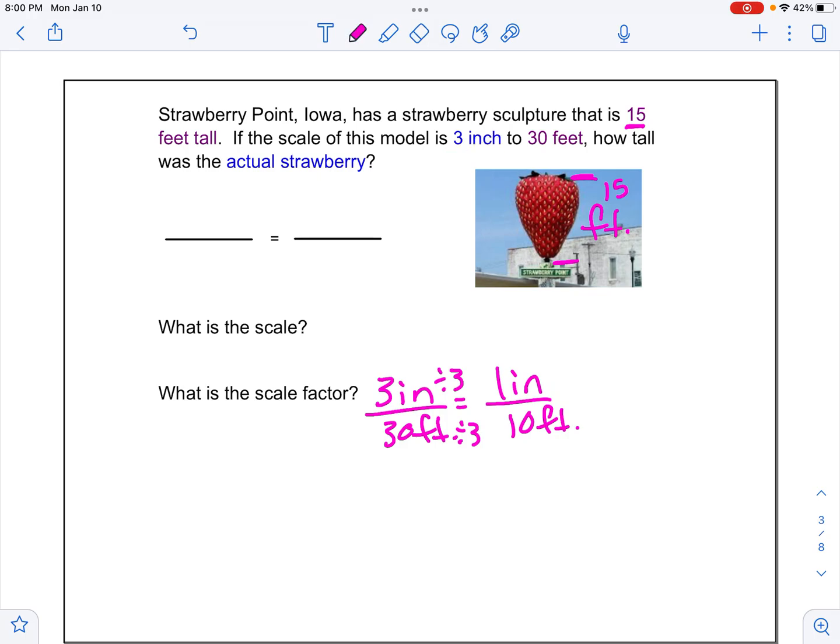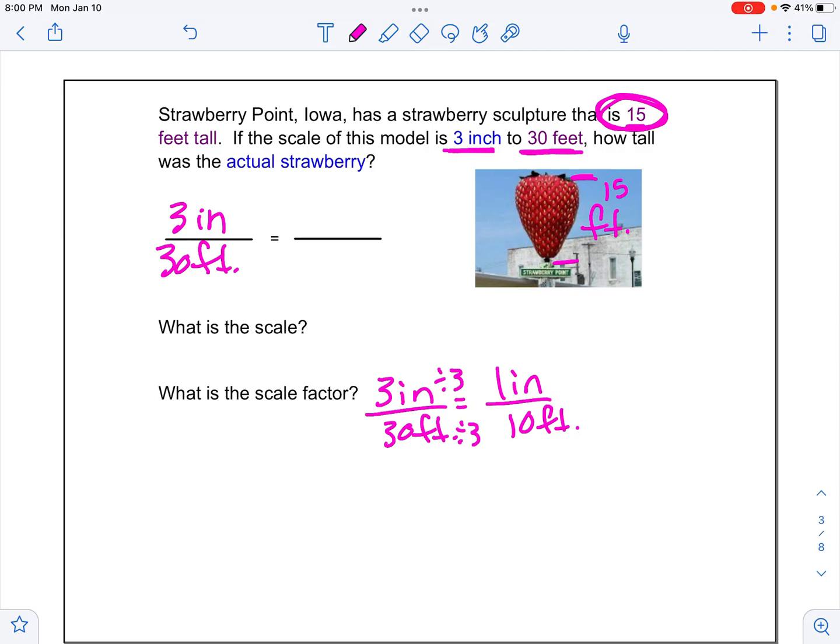So then it wants to know some other information. I've got 3 inches to 30 feet, so I can use that. 3 inches to 30 feet. And then I want to know how tall the actual strawberry is, but I know the sculpture is 15 feet.